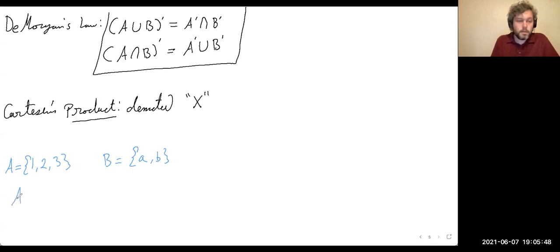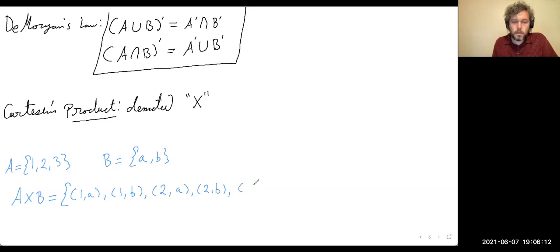So A cross B, and this is a lot of writing, I'll tell you at the beginning. First, it's 1 and then A, and you have to write in parentheses. So that's 1 in A, that's 1 in B, and 2 in A, 2 in B, then 3 in A, and 3 in B. Okay, so that is what A cross B looks like.